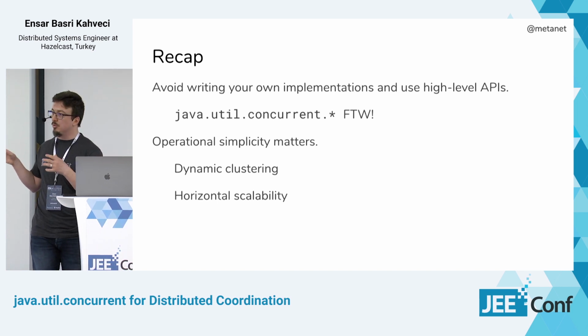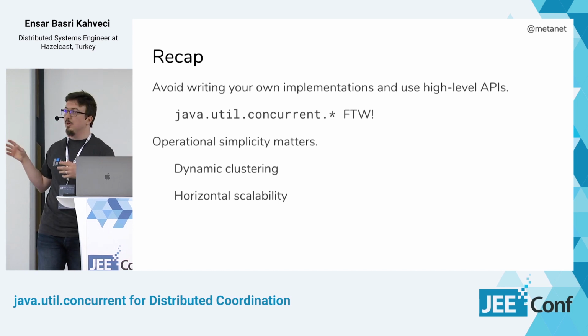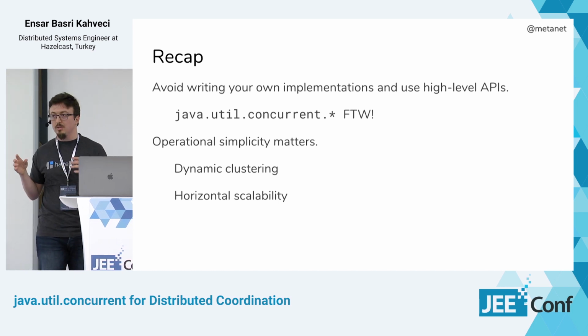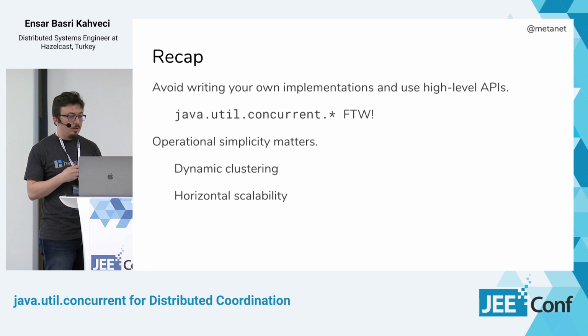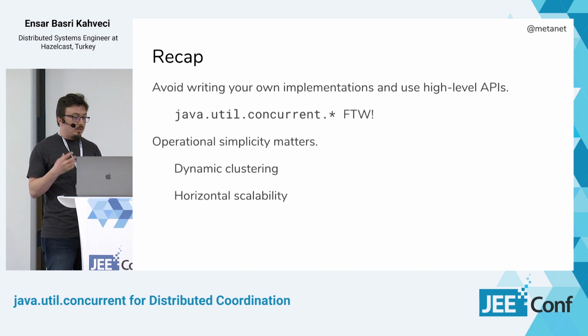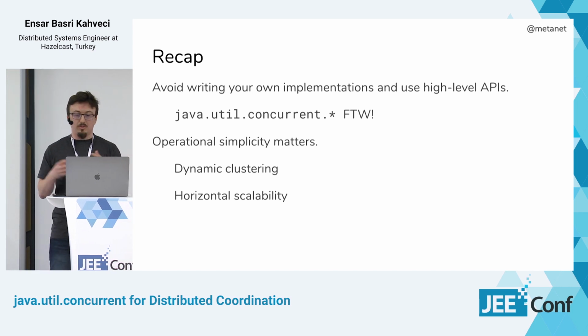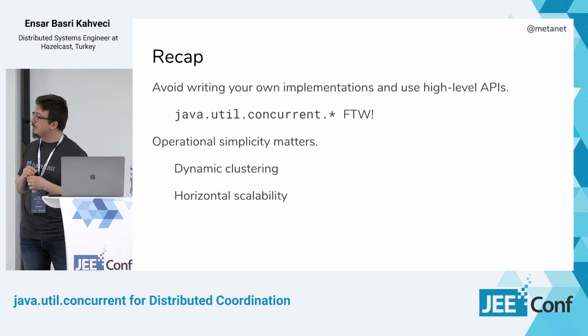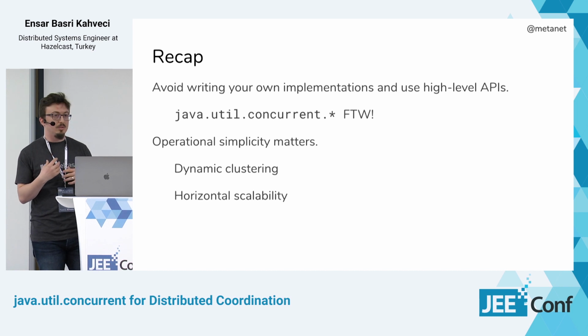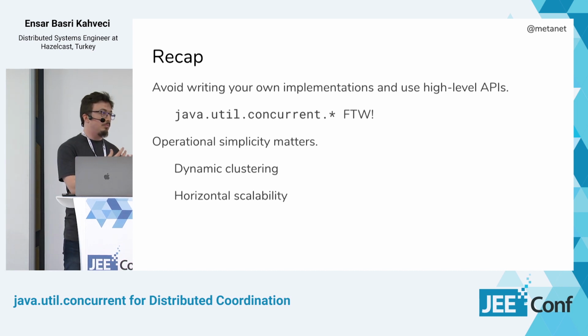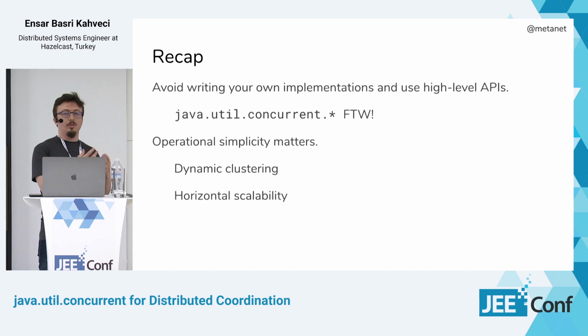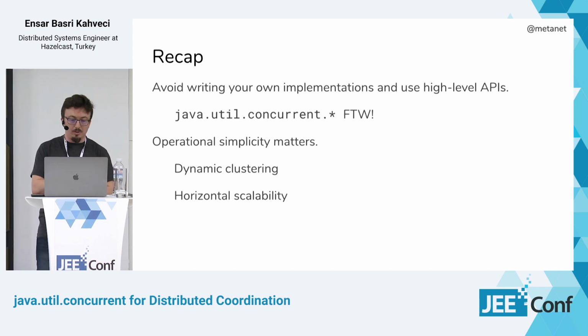We didn't mention network, we didn't run any demo about network partitions and so on. But they bring much more complexity. So we try to offer high-level APIs by implementing distributed versions of these java.util.concurrent primitives, and hiding all of these complexities behind well-known and simple abstractions like Java locks, semaphores, countdown latches, etc.